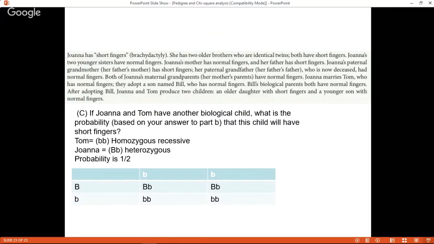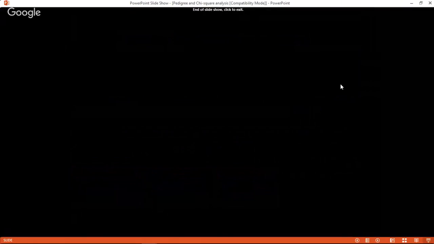And then we'll do the Punnett square, big B, little b, cross with lowercase b, and we get 1/2 heterozygous dominant, 1/2 homozygous recessive. So that child would have a probability of 1/2. And that is how you explain chapter 3, part 2 of genetics.